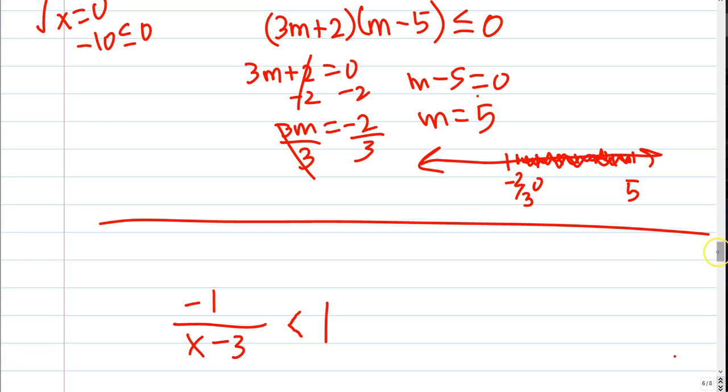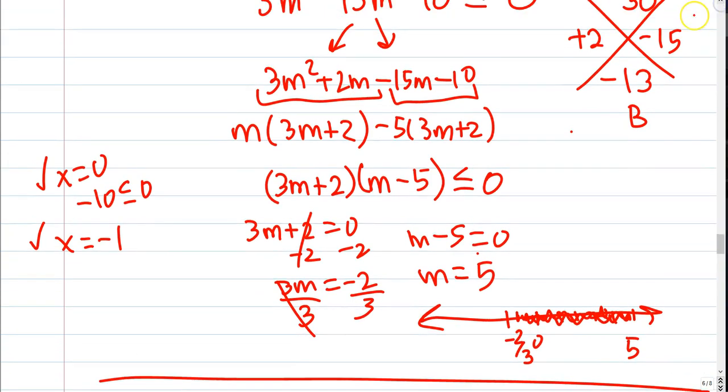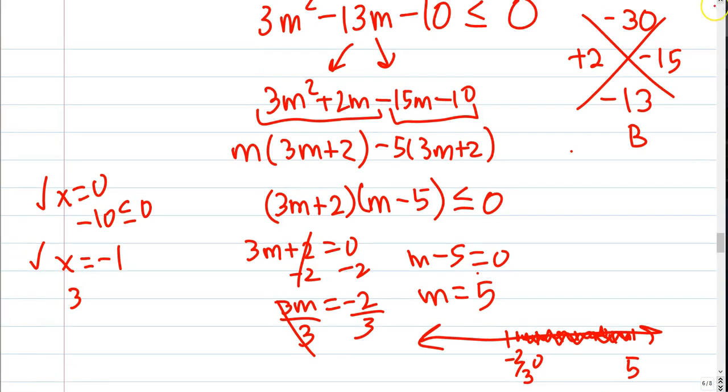Just to be safe, I could check something to the left of -2 thirds, like, I don't know, -1. That would give me 3 plus 13 minus 10 less than 0. That would give me that 6 is less than or equal to 0. That didn't work.